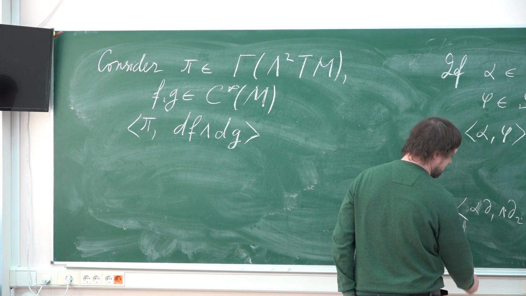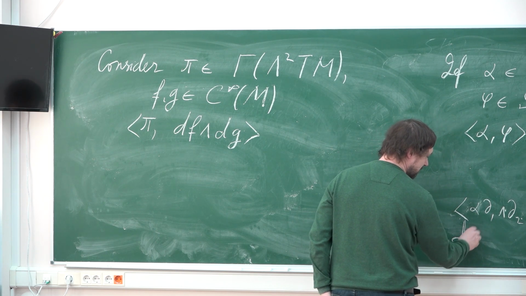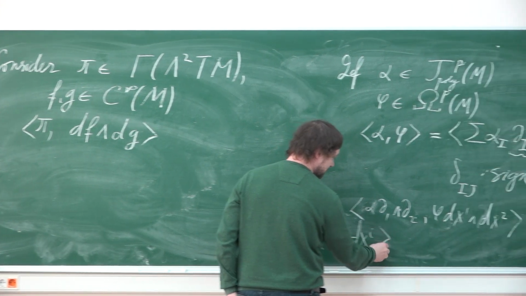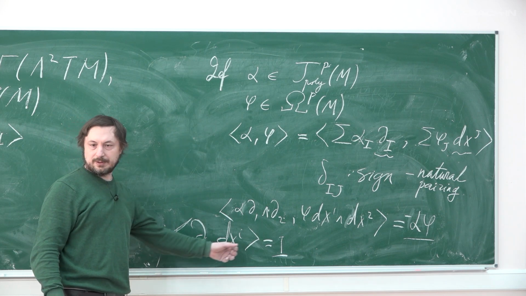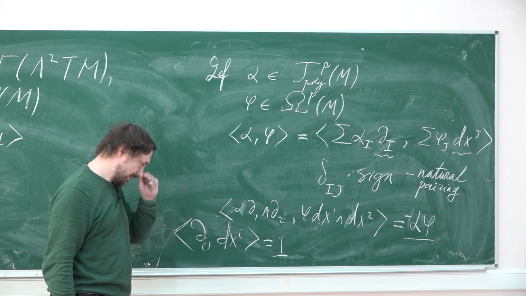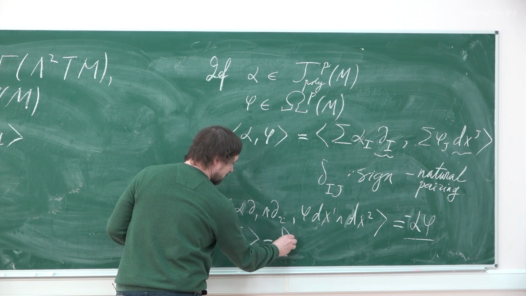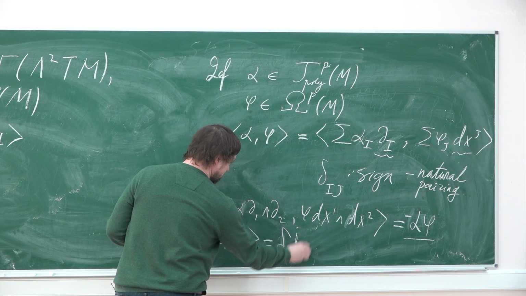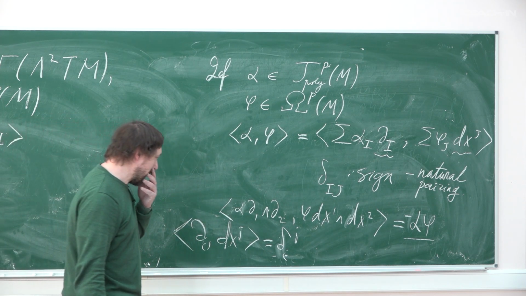It's something like this. When we have identical indices, di, dxi, we just have one, because these are just dual bases, right? So actually, you can write it like this. It's just delta ij, right? Nothing else.